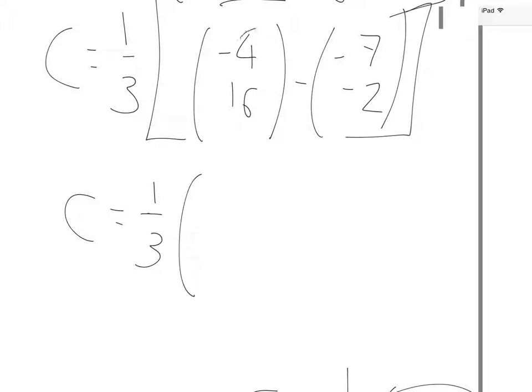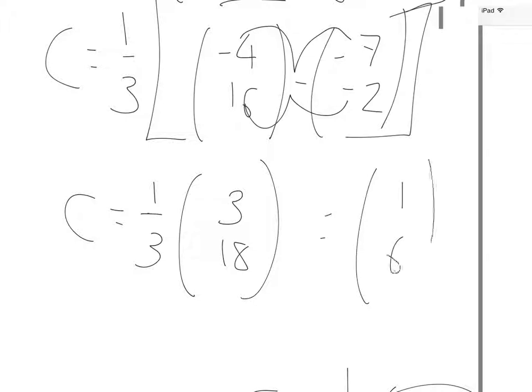That's 1/3 of: -4 minus -7 is -4 plus 7, that's 3. 16 minus -2, 16 plus 2, that's 18. So 1/3 of that is (1, 6), which is the point (1, 6). So the circle centre is given by (1, 6).